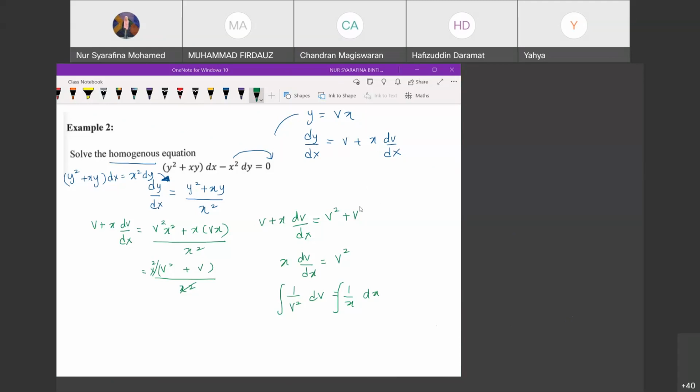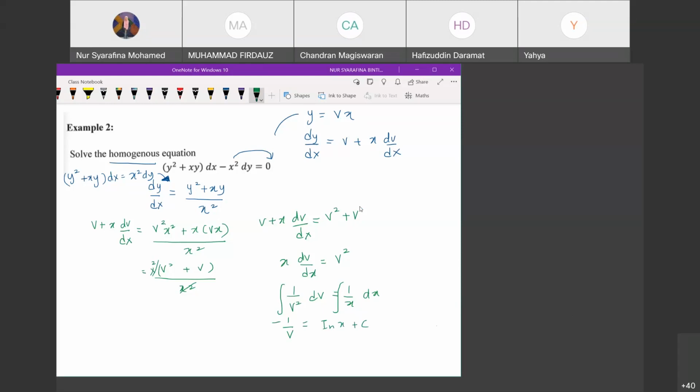Negative 1 over v equals to ln x plus c. All right, good, thank you. Okay, so this is what we call the general solution in terms of x and v.